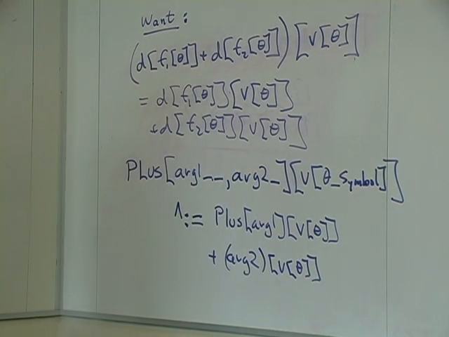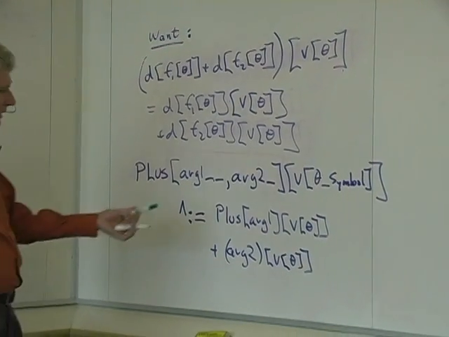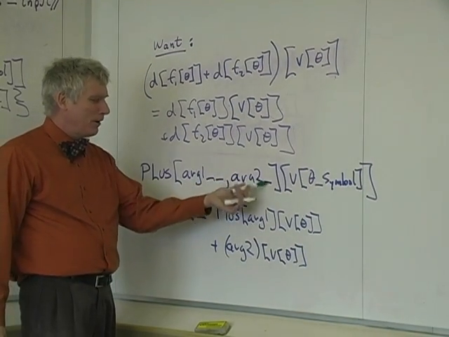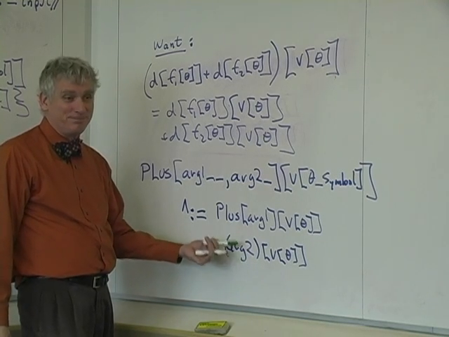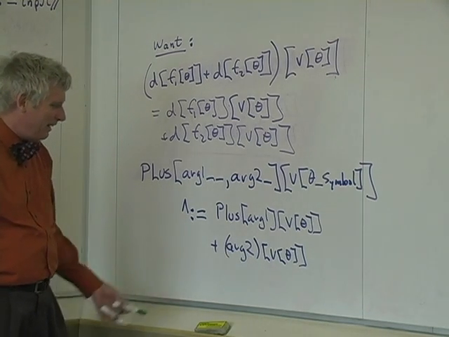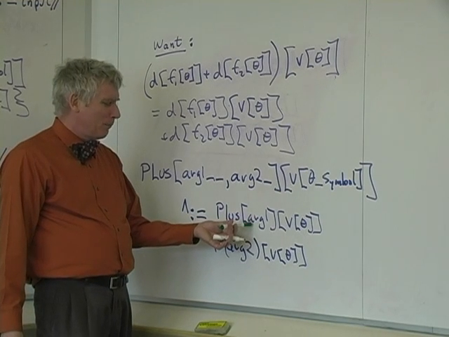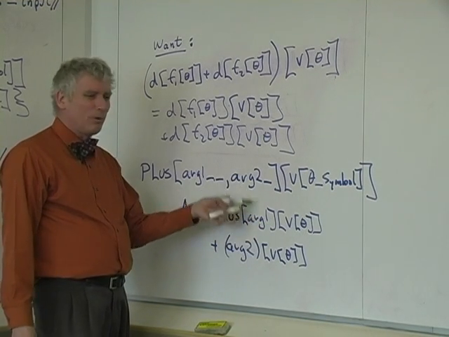That doesn't seem to buy us anything, but actually it does. If arg2 is a 1 form, then this second part of the expression will get simplified. And not only that, if arg1 has more than one argument to it, this rule will fire again.